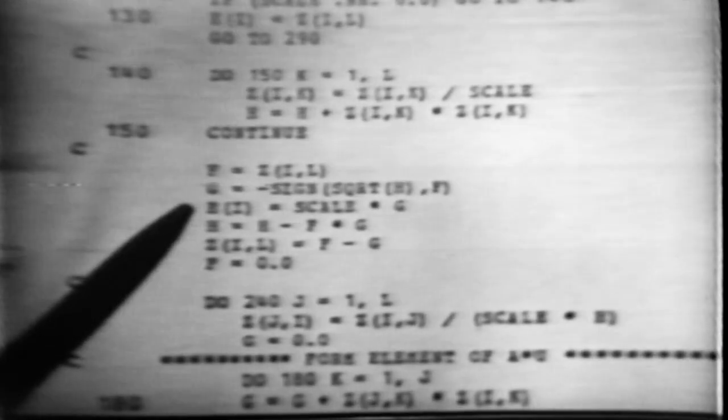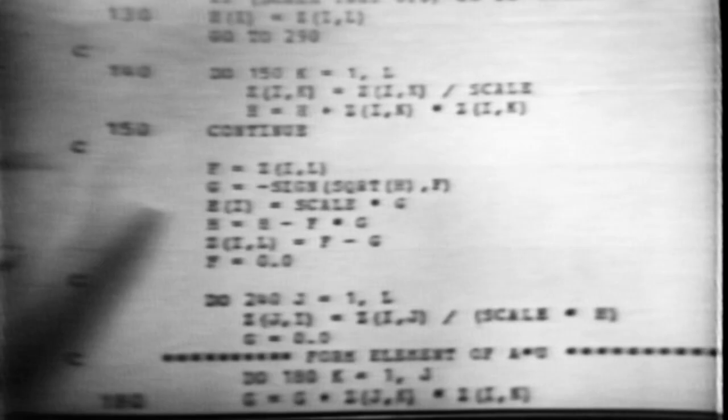So that's going to be the subdiagonal element of the tridiagonal matrix. It's stored in E there. Now, H, I said H at this point is the length of A. I said you can get the length of U from H by a cheap computation, and that's it. H is H minus F times G. So H is now the length of U. In fact, it's the length of U squared over 2.